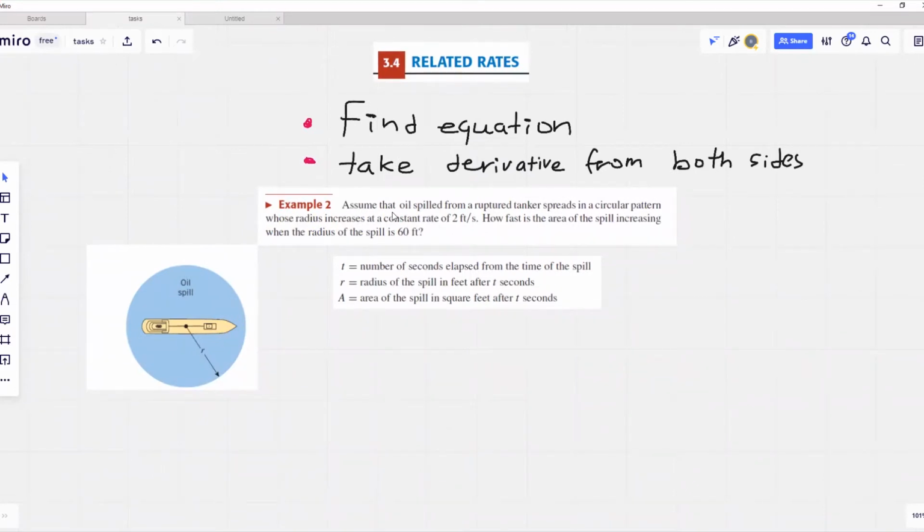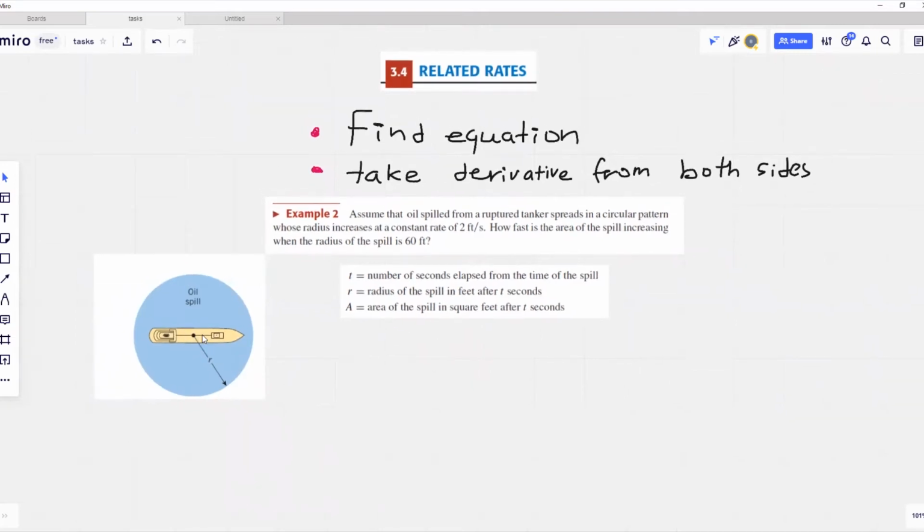So let's solve the following example here. Assume that oil spilled from a ruptured tanker spreads in a circular pattern whose radius increases at a constant rate of 2 feet per second. How fast is the area of the spill increasing when the radius of the spill is 60 feet?